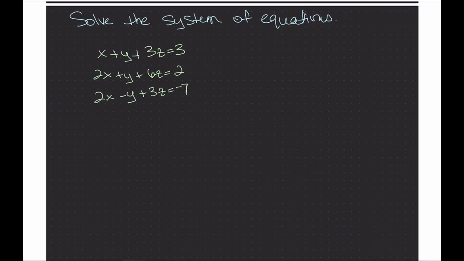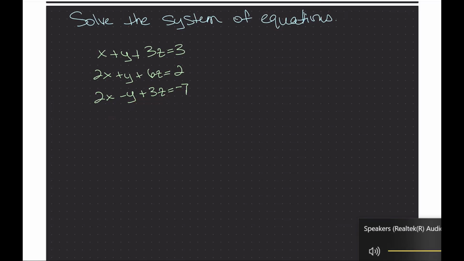So when it comes to solving these systems of equations, we have to figure out what variable we want to get rid of to start with, right? And it's personal preference, personal choice. So I'm going to let you guys pick and tell me, do we want to eliminate x, y, or z? Which one do you want to eliminate first?